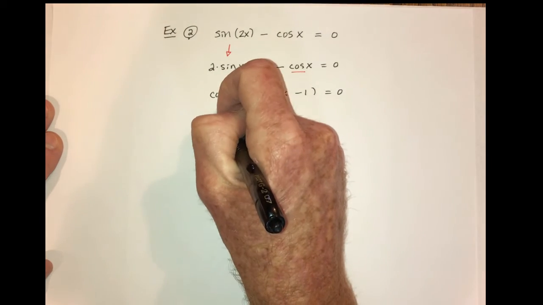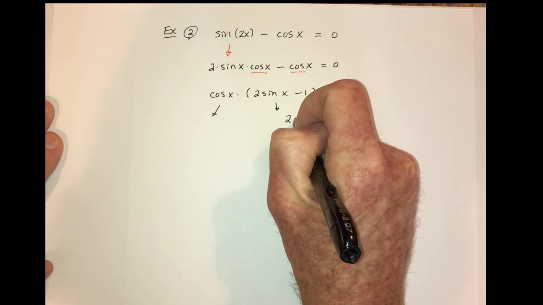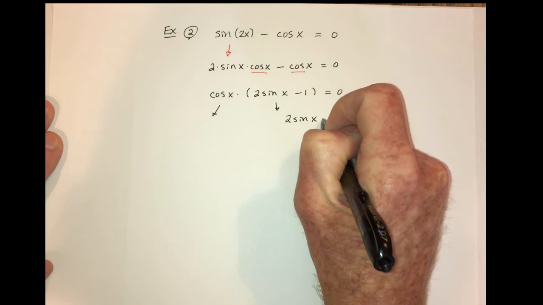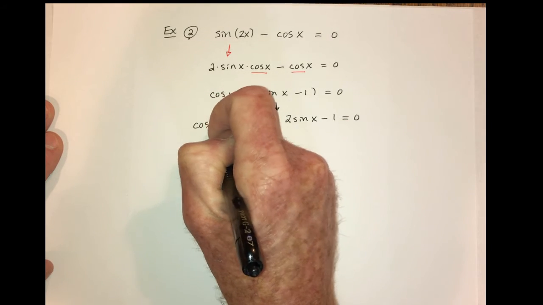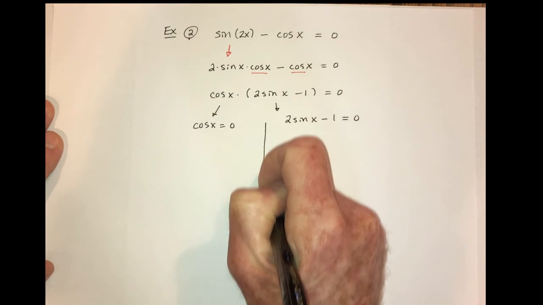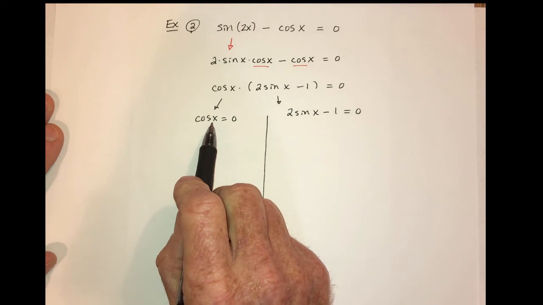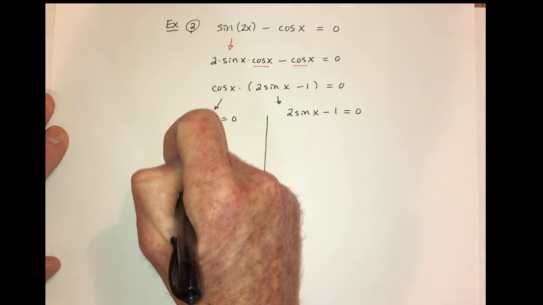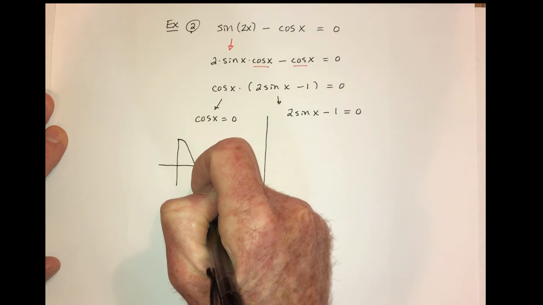After it's been factored, set each factor equal to 0. So basically taking one big problem and separating it into two small problems. So this one, I could even do that without a calculator, because I know the graph of cosine looks like this.